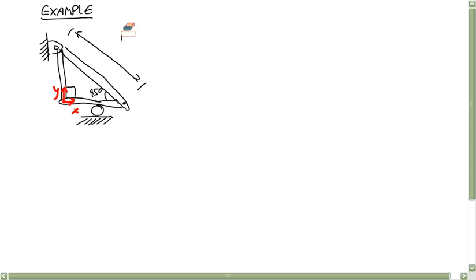And okay, so that's 1 meter. And then there's a load acting at 90 degrees from this member of 5,000 newtons. And we want to calculate the reaction loads at those joints.